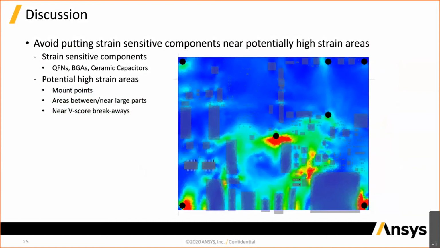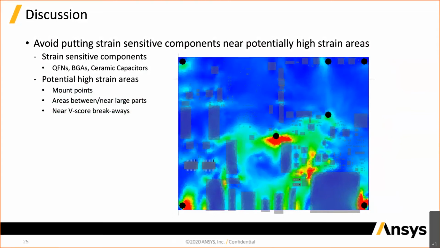QFNs, BGAs, your ceramic caps, they're all strain sensitive. They have issues in high strain areas, so you just got to be mindful of that. You have high strain areas near your mount points. Anywhere there's a large part and another large part, that gap between them could be a high strain area.